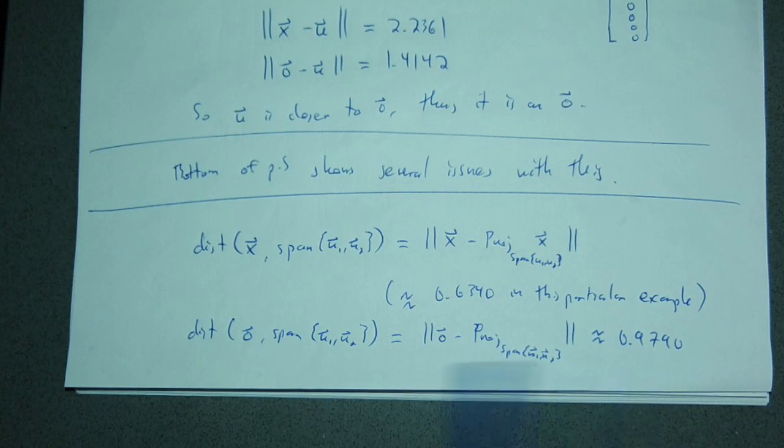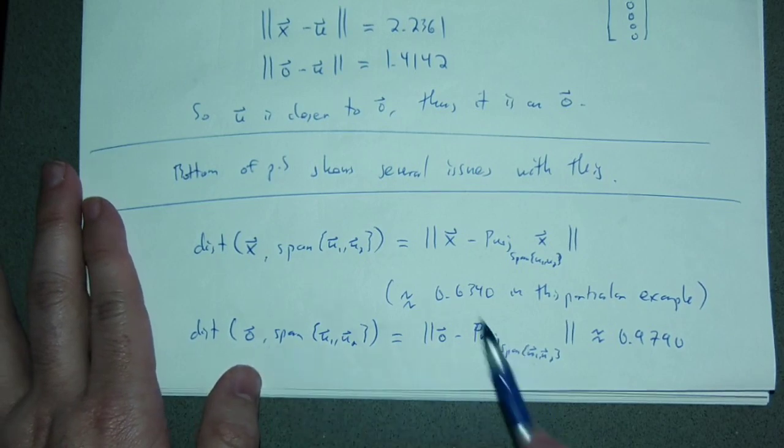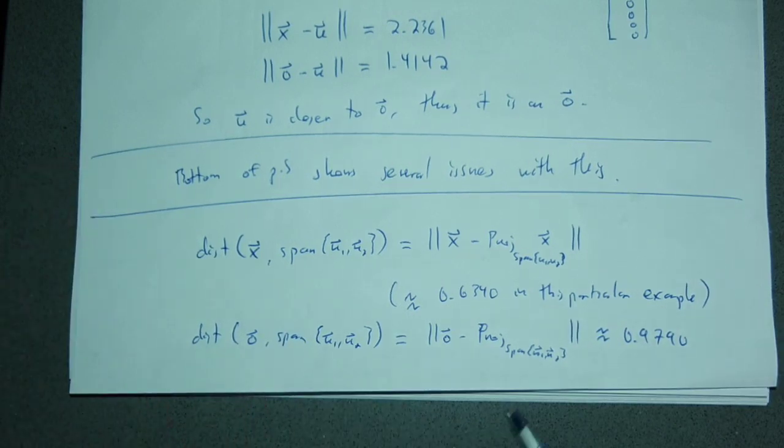Again, just looking at that number on its own doesn't tell you anything. All I can say here is that O is further away from this subspace spanned by u1 and u2 than this x is. Okay, that's the idea.